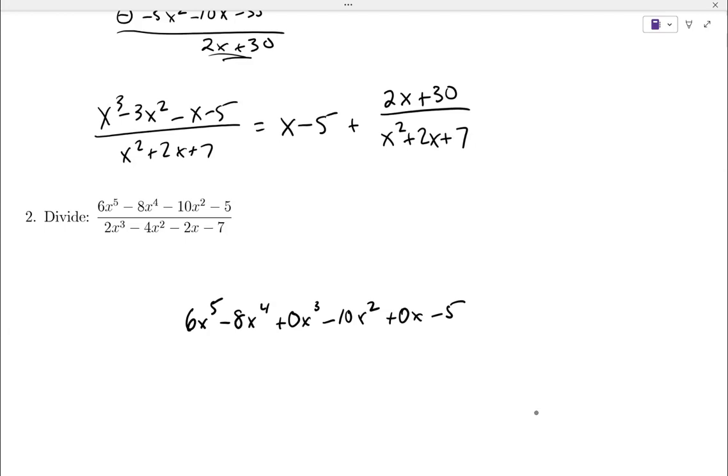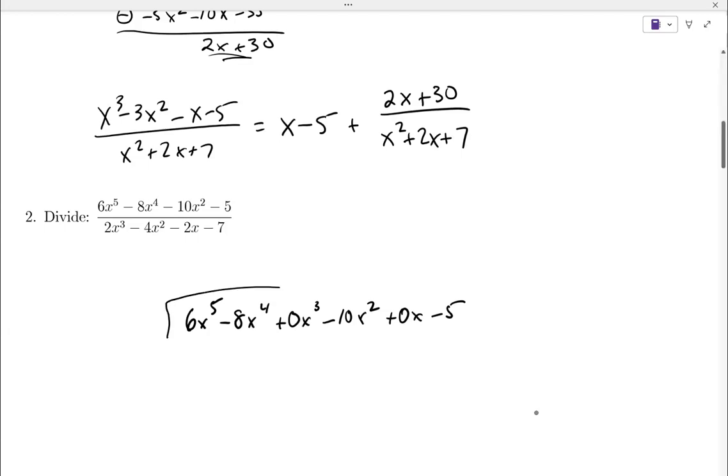Not only do I think it helps you keep things straight, there's going to be another division process we're going to do here in a little bit, probably on Friday, that's going to require you to put the zeros in when you need them. Okay? So I would encourage you to put the zeros in now so that you get used to doing that.